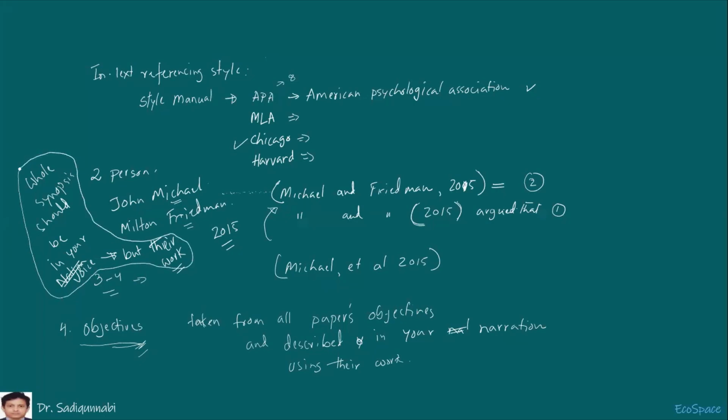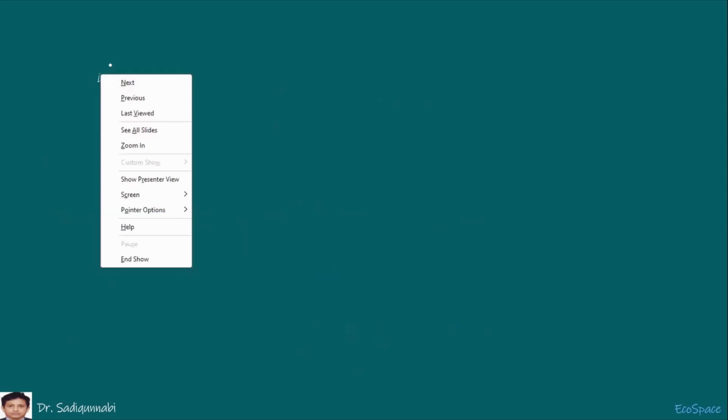It must be remembered. Your voice or your narration, but their work. So you have to tell that Michael argued that, or Friedman argued that, or the idea is theirs, not yours. Clear? So after objective, you must write down something about literature review.